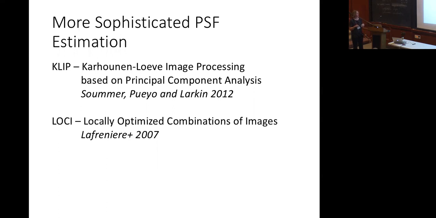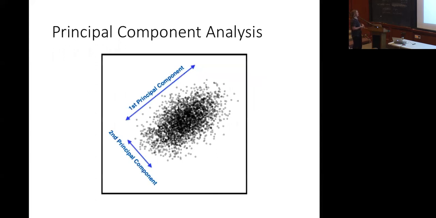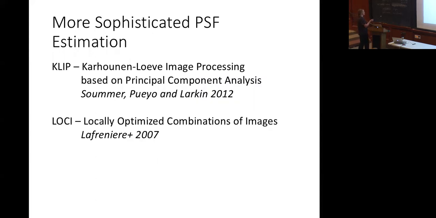And they fall into two families. Here are some references that would get you started learning about the techniques. These are the original papers on these two techniques, but there are lots of papers now on how they work. I'm just going to talk about KLIP. LOCI is functionally equivalent, although the exact mathematics of it are a little bit different.